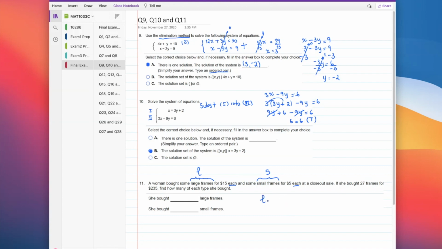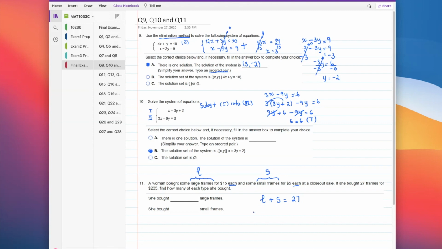Then large plus small equal 27. And I know that she spent $235 buying this amount of large frames for $15 plus this amount by $5.